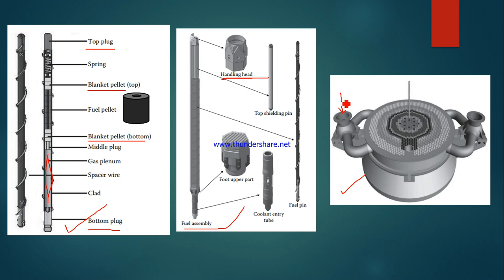From the cold pool it will go to the grid plate area, and from there the discharge will be like this. That coolant will flow inside the fuel and extract the heat, and it will enter the shell side of the primary heat exchanger.